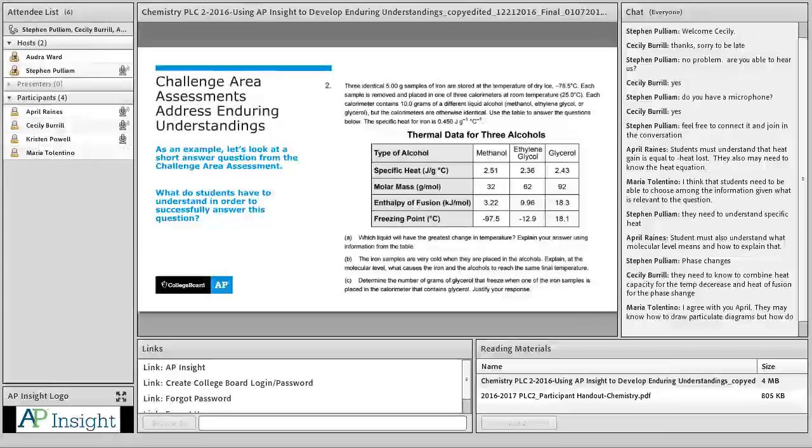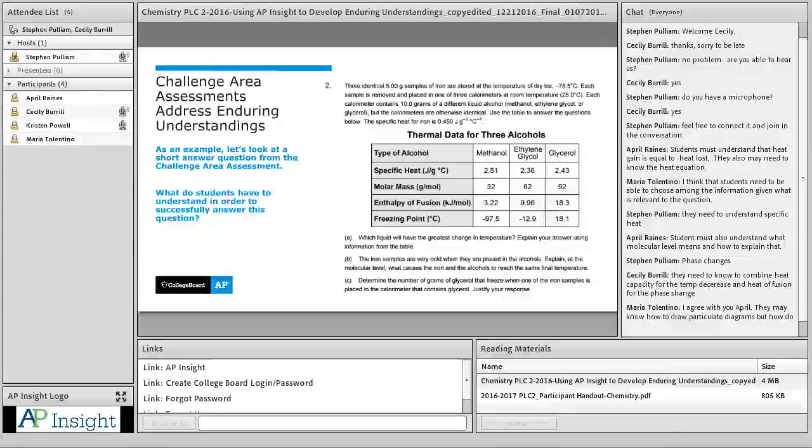Let's see. Hold on. No, they're not getting to room temperature. We're assuming they get at least to the freezing point, whichever one of the three alcohols. Glycerol has to absorb, or release, to get to the freezing point. So it has to go from 25 to 18, and then it starts to freeze. And then how much energy does it lose in the process, and how much of it actually freezes?